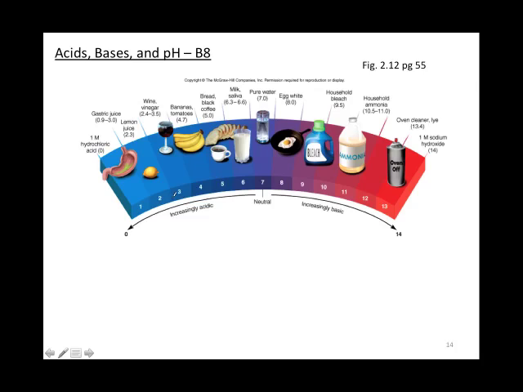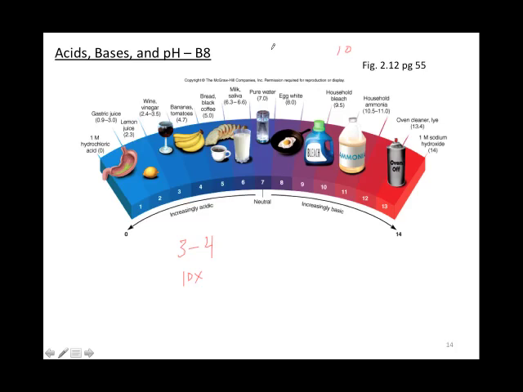Now, let's compare numbers. If we were to compare something of a pH of 3 to a pH of 4, how many times stronger is something with a pH of 3 than pH of 4? Now, it's not one time, it's actually 10 times. The pH scale works much like the Richter scale that measures earthquakes. You know, a 10 on the Richter scale is a super massive earthquake.